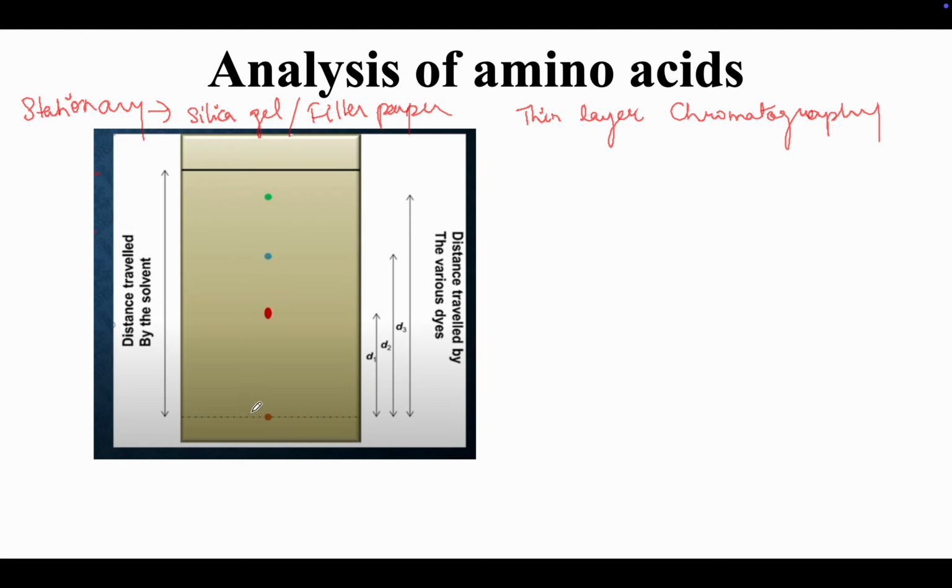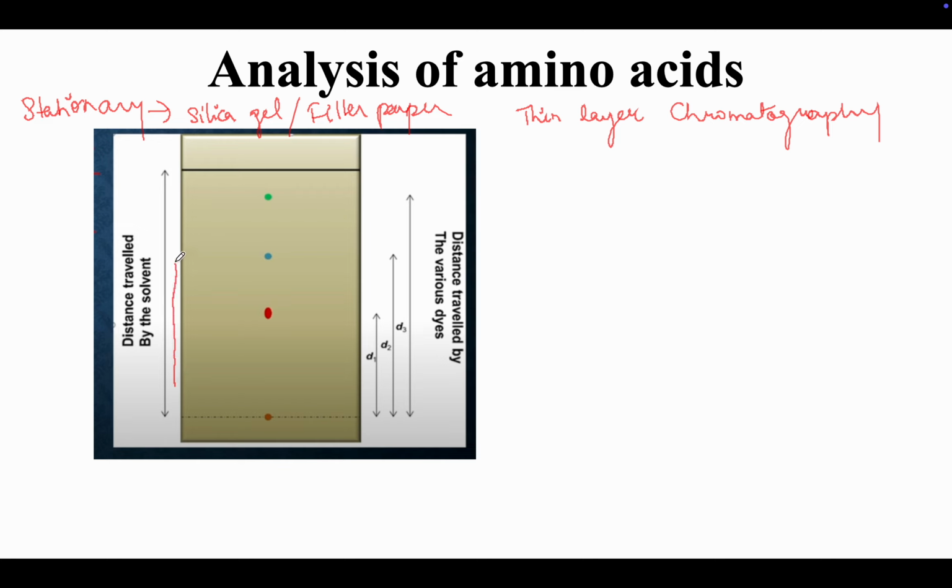So on this rectangular sheet we then spot different amino acids, and then they are separated based upon the distance they travel. So the basic procedure is that first we run the solvent front.